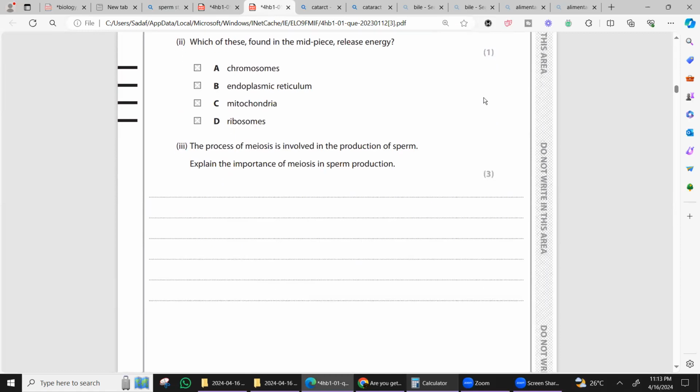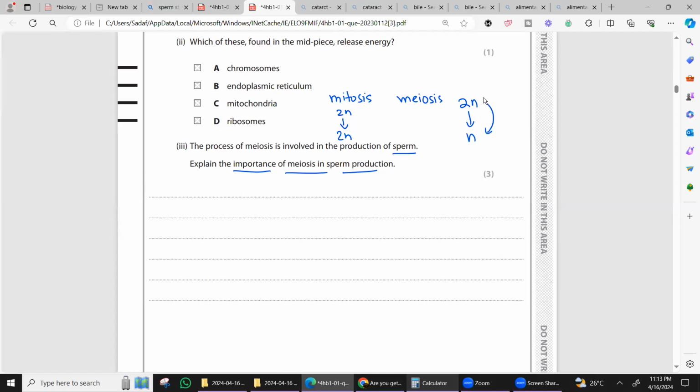The process of meiosis is involved in the production of sperms. Explain the importance of meiosis in sperm production. As you know, mitosis is a kind of cell division that produces diploid number of chromosomes, but meiosis is the one which reduces the diploid number of chromosomes to half, so diploid to haploid.